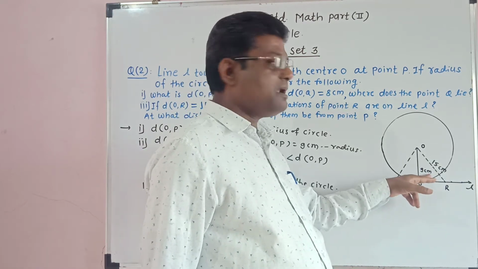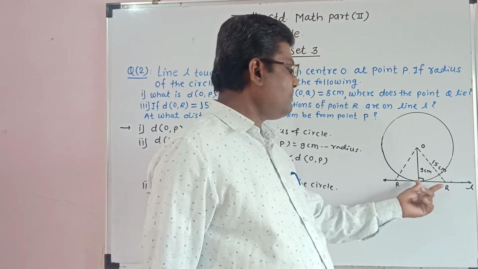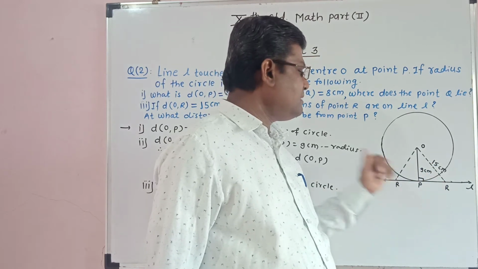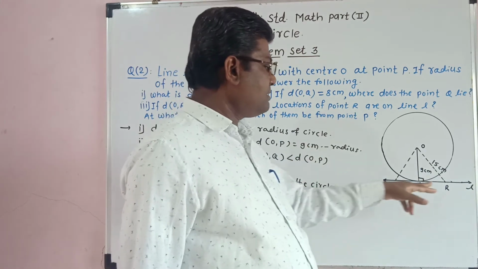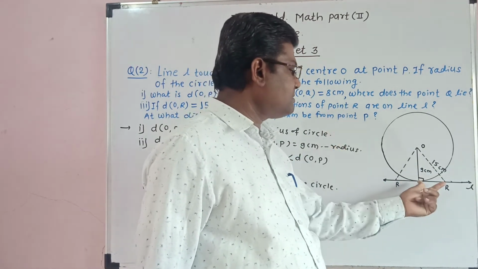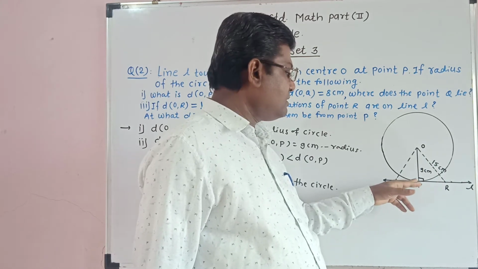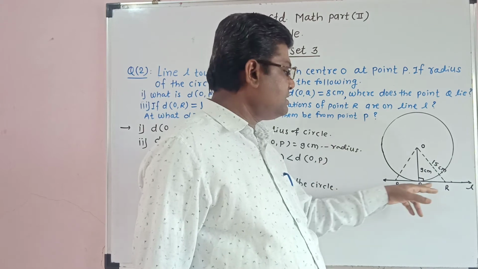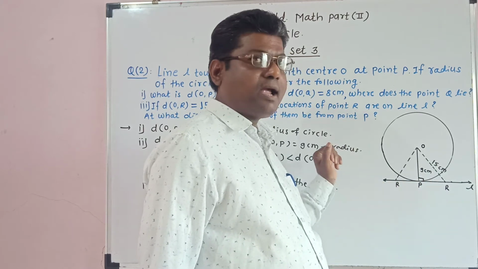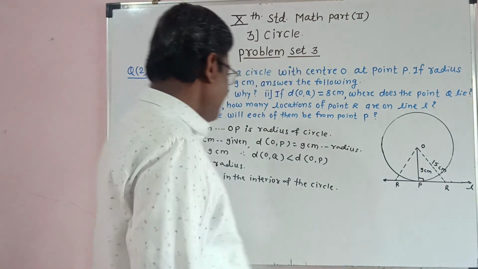Therefore this is right angled triangle. So in this triangle we can apply Pythagoras theorem to find PR. So there is a point R, then we can find distance PR, and there should be another point R on the opposite side of this point P, and its distance is equal to this distance.